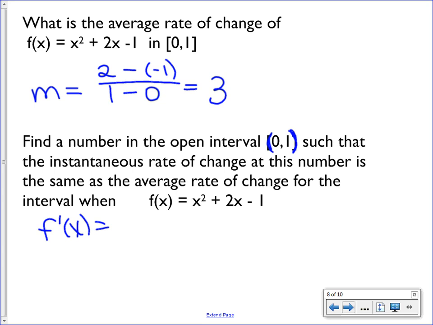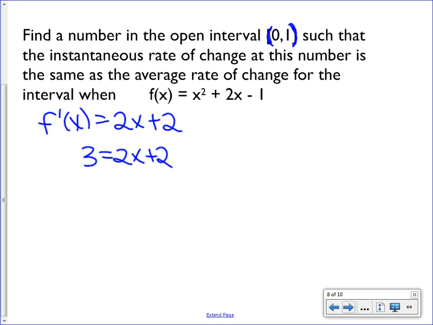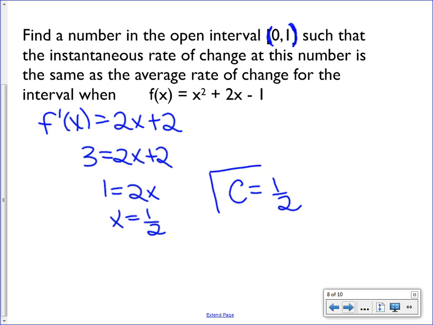And instead of setting the derivative to 0, we're setting our derivative to our slope, 3. Which means 2x is 1 and x is 1/2. Is 1/2 in our open interval of 0 to 1? Yes. Right in the middle.